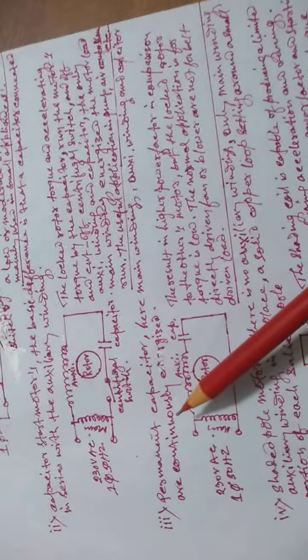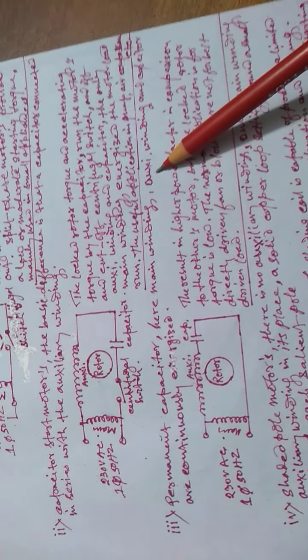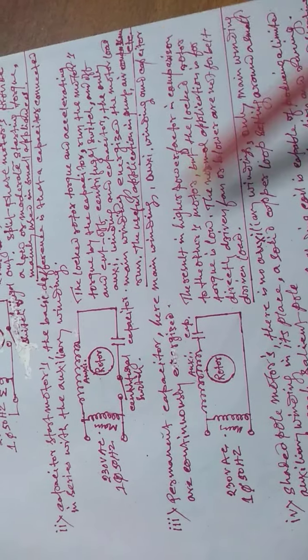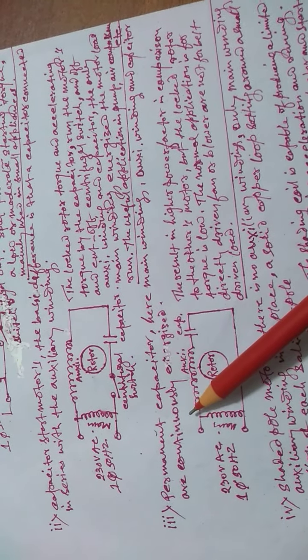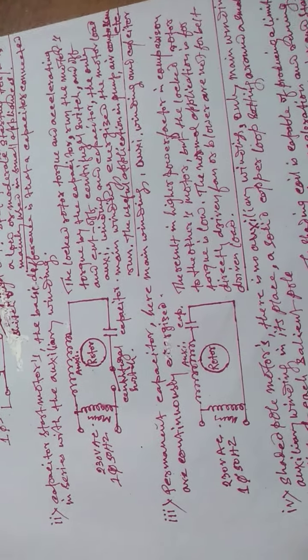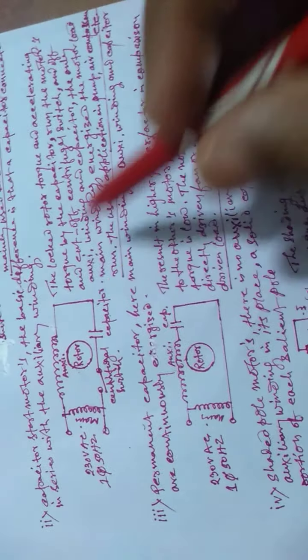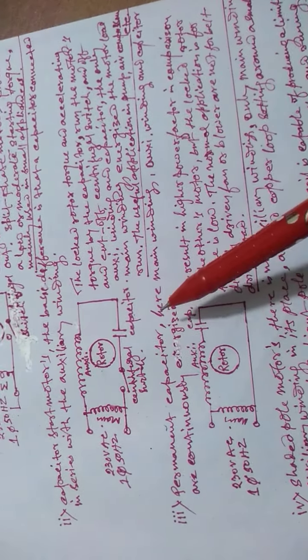Number 3, permanent split capacitor. Here the main winding, auxiliary winding and capacitor are continuously energized.